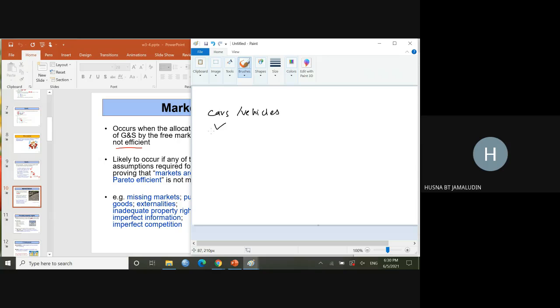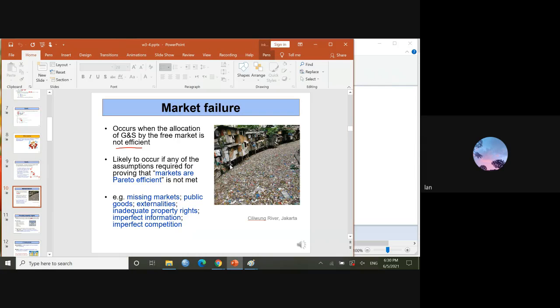The issue is maybe it is very serious or not serious. As long as you have this car, you should have market failure. But maybe the problem is not that serious, isn't it? As long as you have people, don't you have people in your place? You must have people, right?